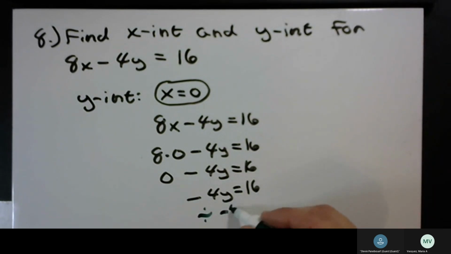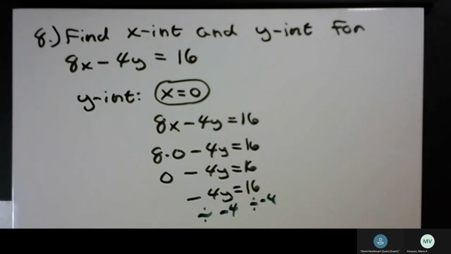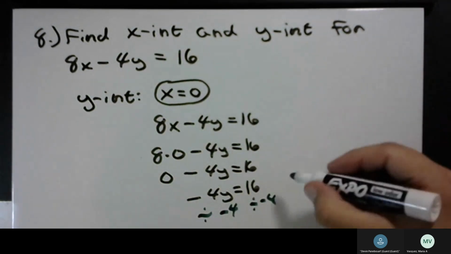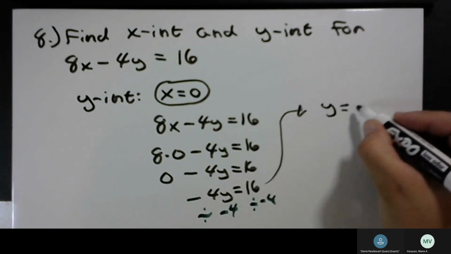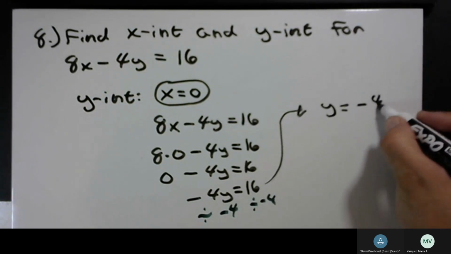Divide both sides by negative 4. We'll get y is negative 4.